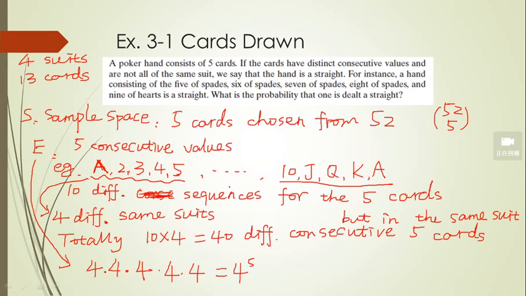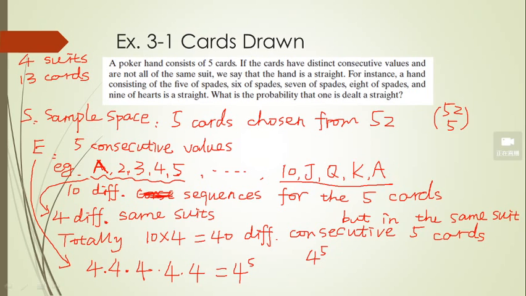So how many different sequences do we have? If you decided ace, if you decided 2, if you decided 3, until you decided 10, right? So actually, totally, this is to consist your 5 cards. When you decided the first number, you have 4 to the 5 different combinations, including the same suit situations.